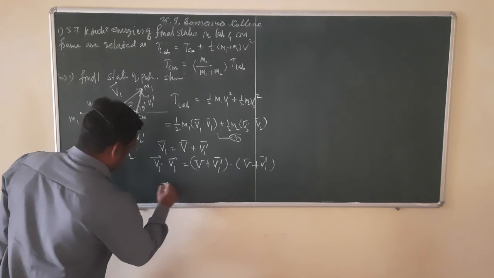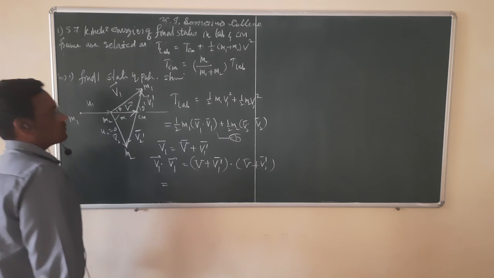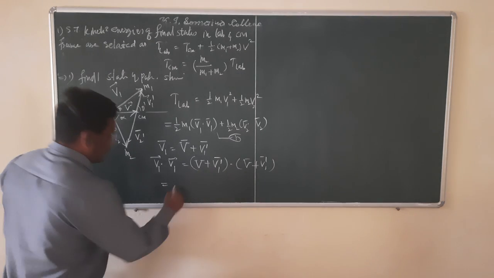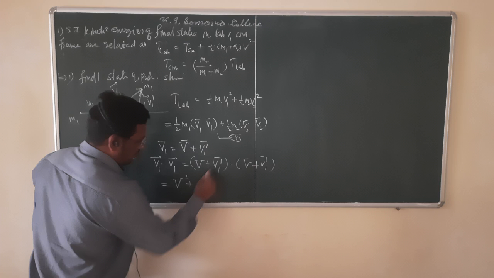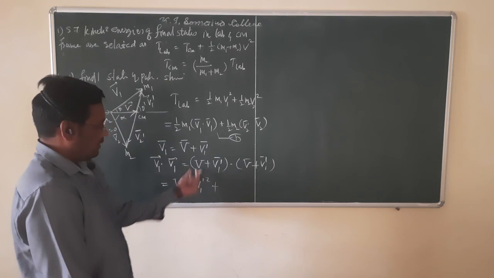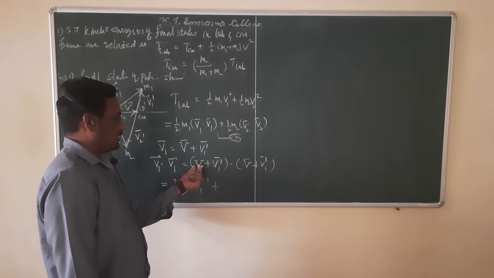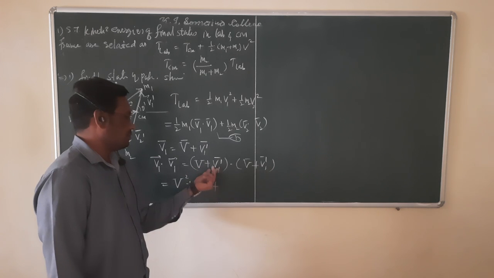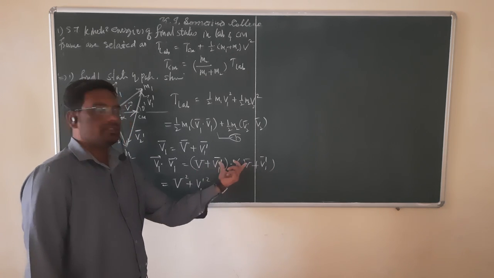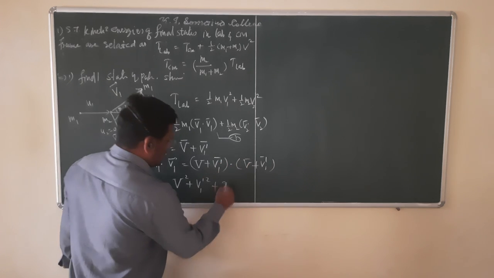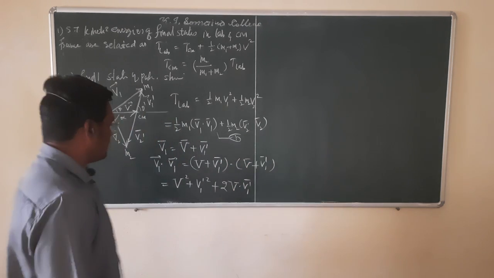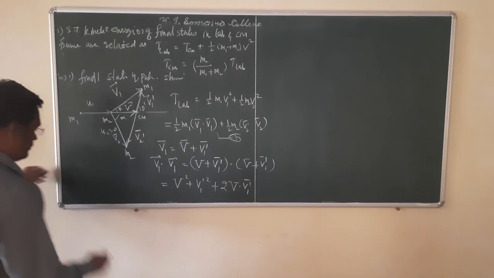This is equal to capital V square plus V1 dash square plus V dotted with V1 dash plus V1 dash dotted with V. Since A dot B is equal to B dot A, that is nothing but 2 times V dotted with V1 dash.